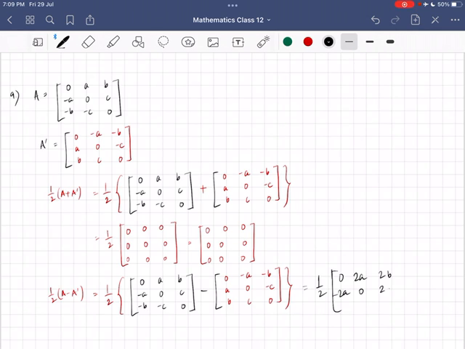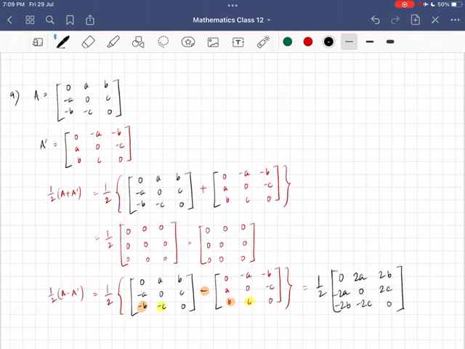Then minus B minus of B. So we have minus 2B. And then we have minus C minus of C. So we have minus 2C. And here we have 0. So this is your half of A minus A transpose.